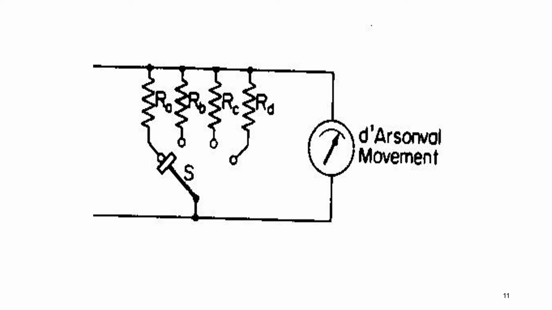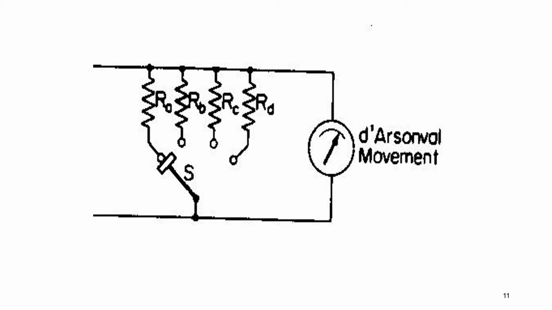So if you put the switch in this position as shown, Ra comes in parallel with the meter. If you change the position, Rb may come into position or Rc or Rd depending upon the range of the ammeter which you need.